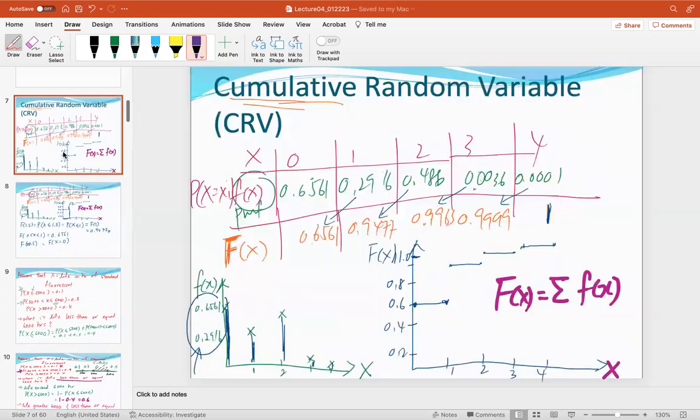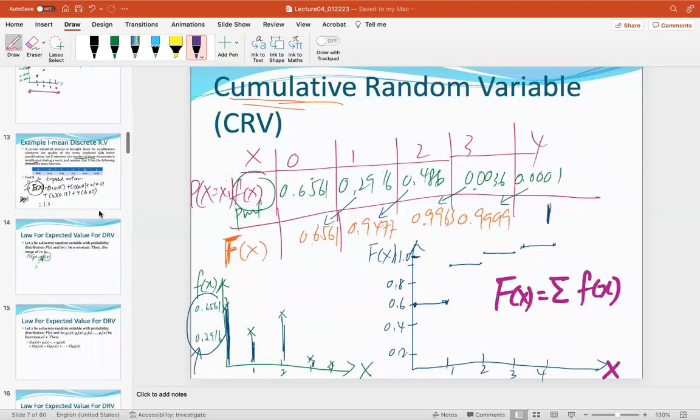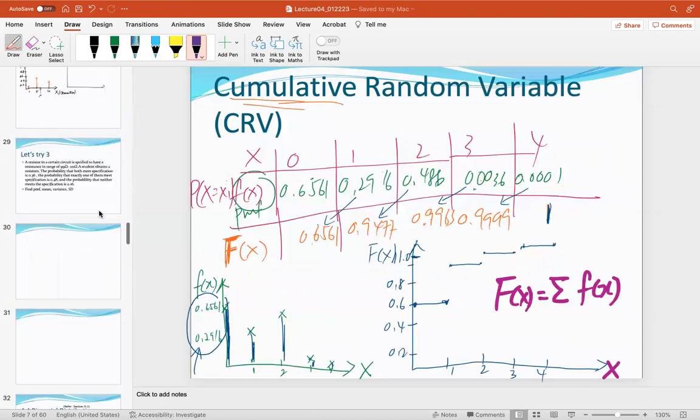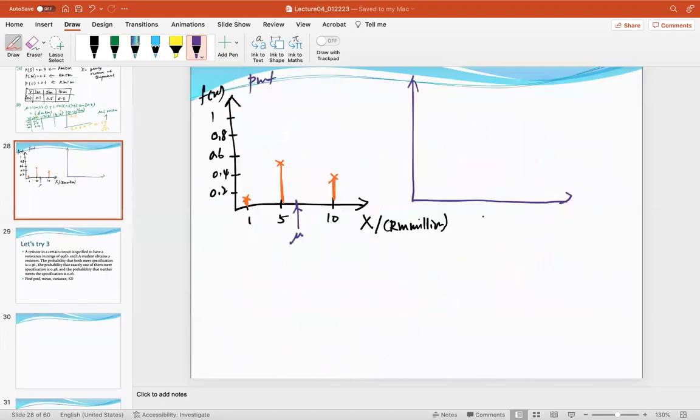In order to draw that, it's quite simple. What you need to do is still the same: 1, 5, 10. Remember to write your units, RM. Because you already write million here, you just need to write 1, 5, and 10.